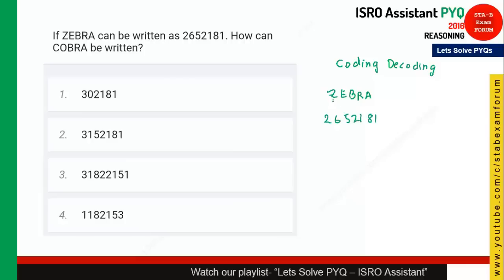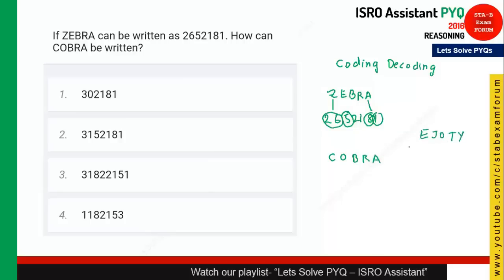This is very simple. As you can see, Z's position number is 26, E's position is 5, and A's position is 1. Similarly, R's position is 18. Now if you see COBRA, let's see how it is written. As I told you earlier, there is a shortcut called EJOTY.